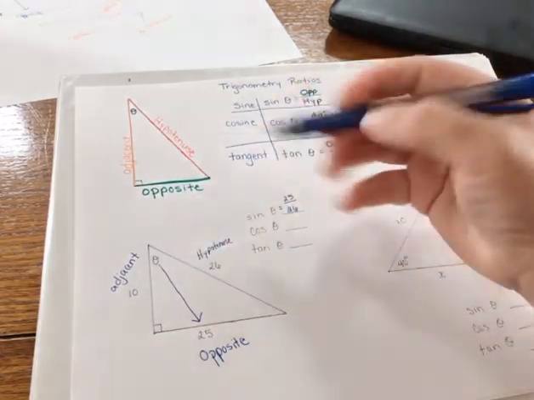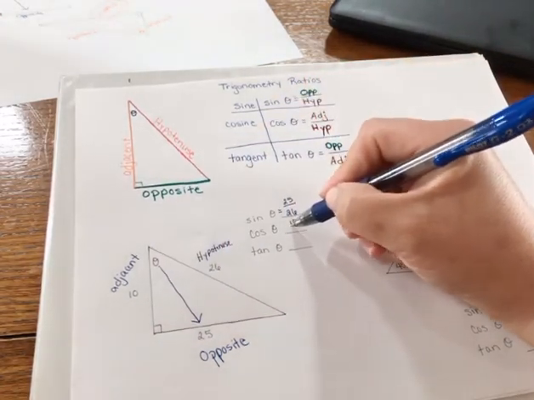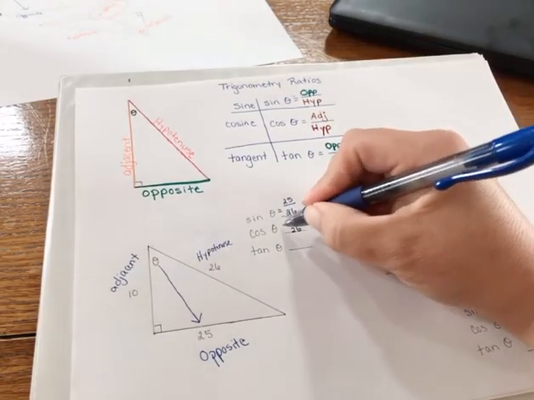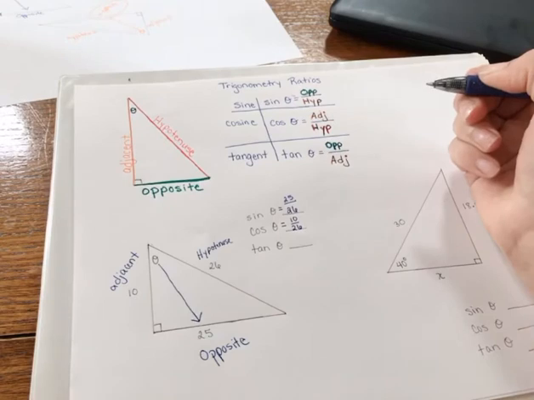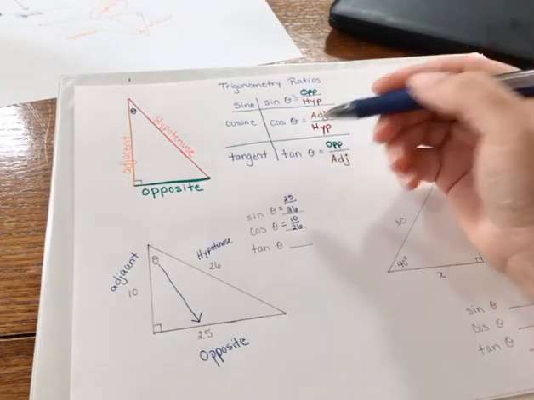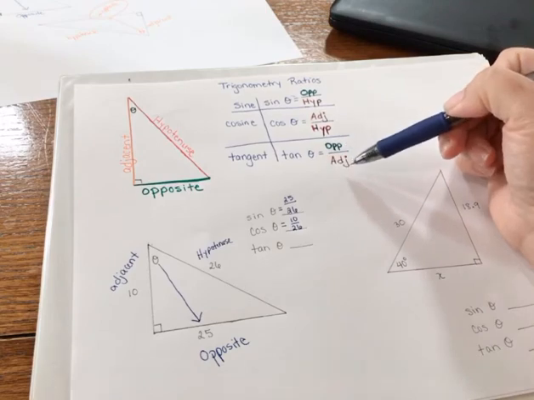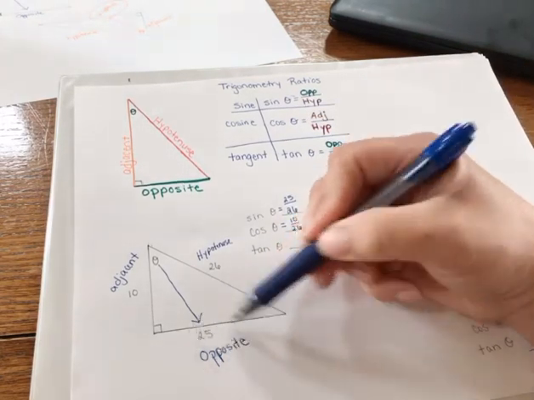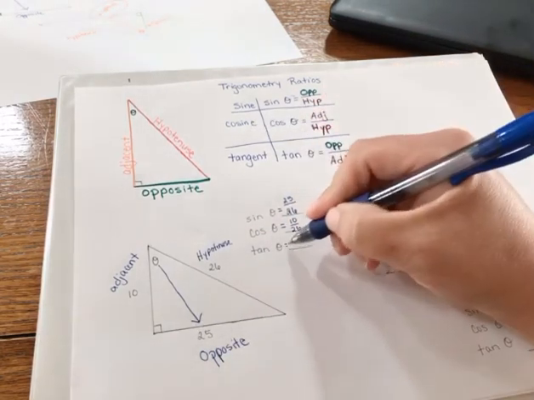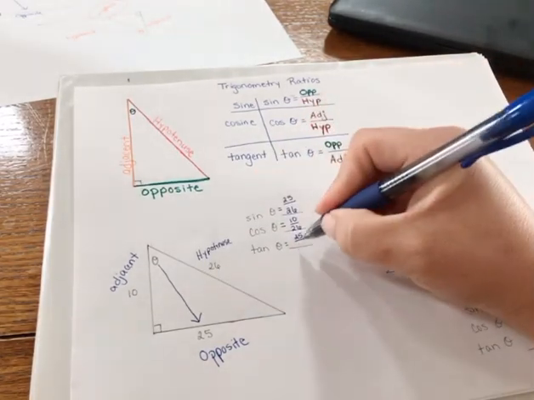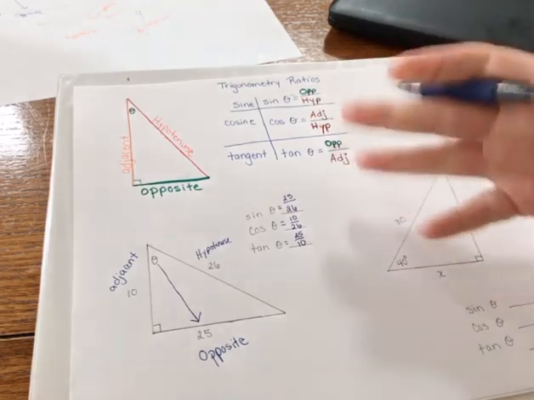The adjacent is 10 and the hypotenuse is 26. Finally, the tangent of theta is the opposite divided by the adjacent. The opposite is 25 and the adjacent is 10, and you just leave it like that. That's it.